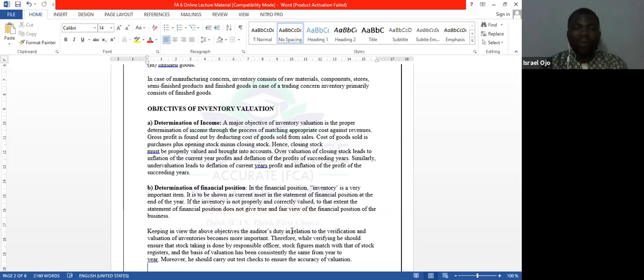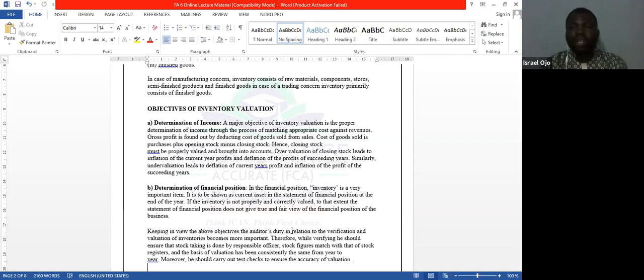So our statement of profit or loss will be affected if you do wrong by inventory. Also, the statement of financial position will be affected if we are not careful when we are valuing our inventory.